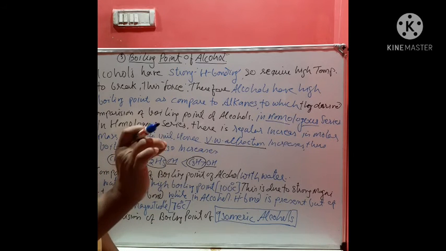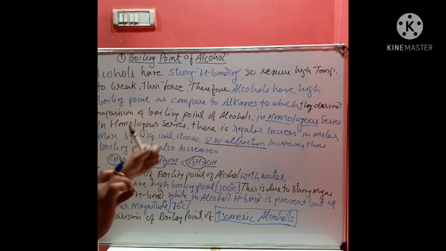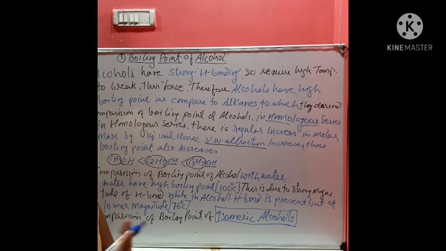That means what? Some of the molecule can be represented by symmetrical structure and some by what? Unsymmetrical structure. Isn't it? Symmetrical means like normal alcohols. And the branched alcohol means iso or tertiary alcohol.